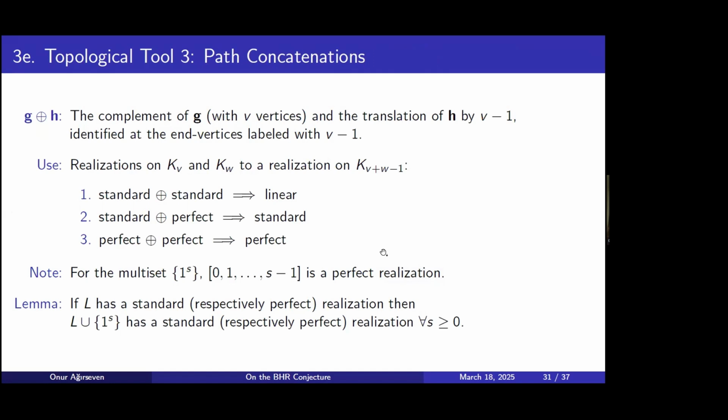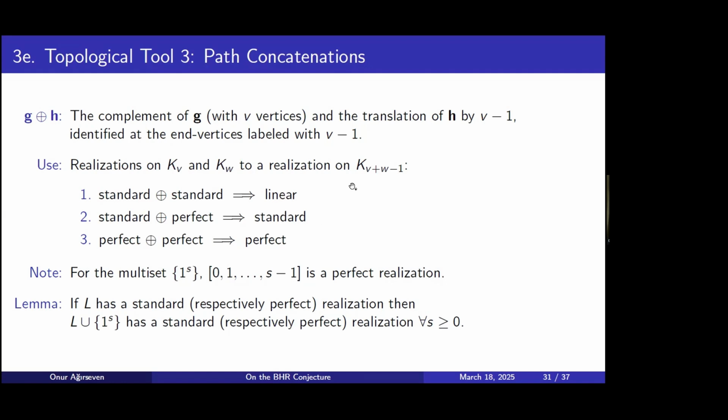Now, what we do is we take those minimal omega constructions, as we call them, with that earlier snake game, and we take these perfect realizations, and now comes the third topological tool, thinking of these as paths and thinking of their concatenations. So by concatenating these, we can use these as building blocks and build a bigger path. I won't get too much into the details of this.